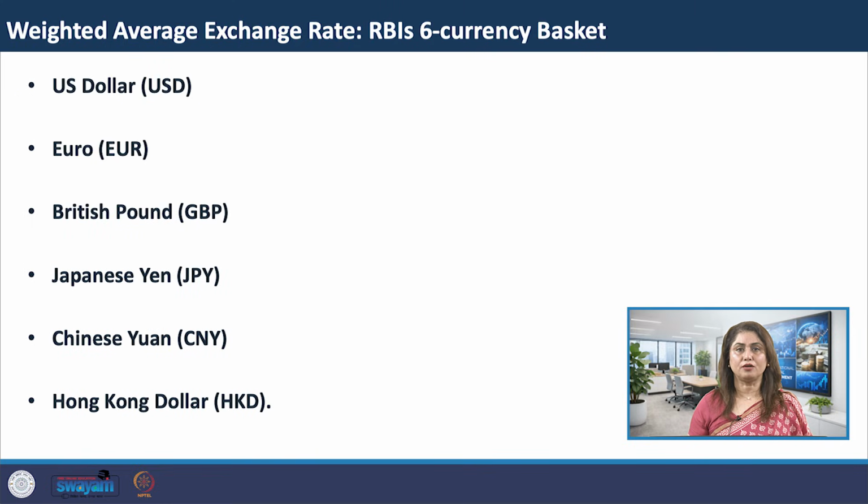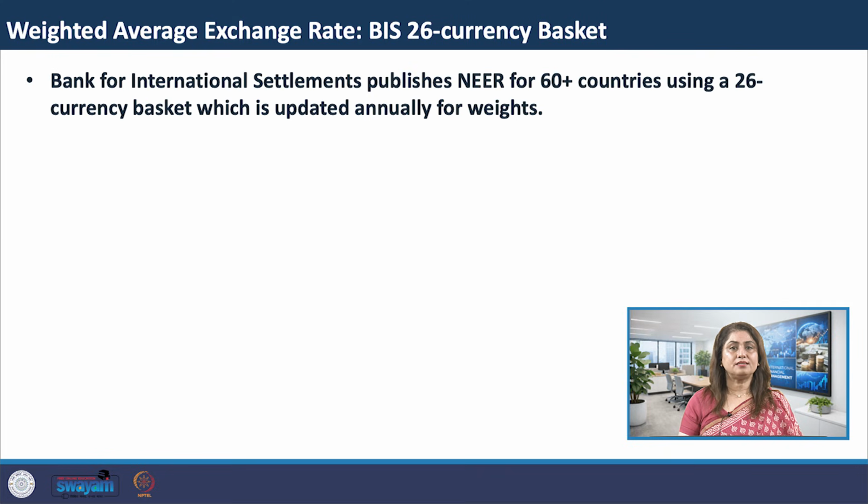The Reserve Bank of India uses a 6 currency basket that includes the US dollar, Euro, British pound, Japanese yen, Chinese yuan and Hong Kong dollar. The Bank for International Settlements, however, publishes NEER for 60 countries using a broader 26 currency basket updated annually.